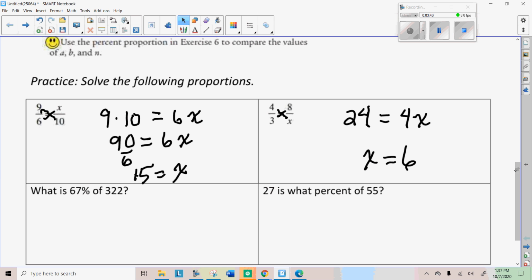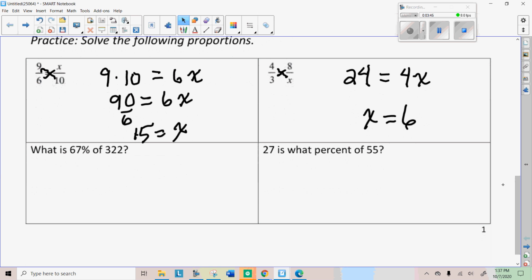All right, now to set up a proportion like that, we're going to do this. We're going to put 100 on the bottom here. And then the percent goes over 100, and since this percent is given on this one, I'm going to put that right there. And then all you have to do on the other side is figure out, is 322 the part or the whole? Well, since it's out of 322, whatever it's out of, you always think of that as the whole.